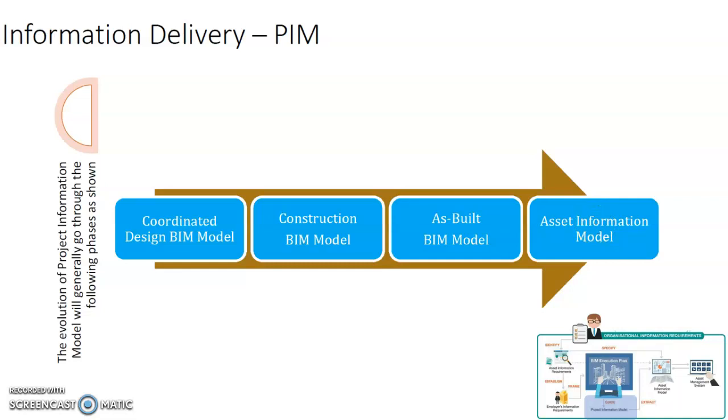So when we talk about this project information model, actually, we are talking about the information that we are packing into the building in a digital form, and that information can be used by different parties in different ways, but finally, it needs to be packaged into just one centralized model.